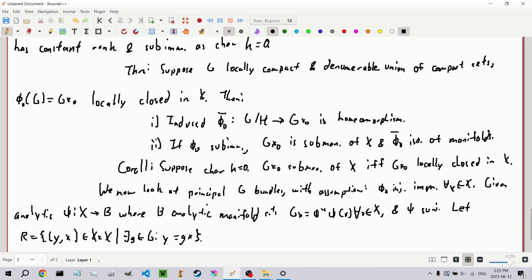So essentially, there's an element of G sending y to x by action. Then R is of course an equivalence relation by properties of group. And our psi induces a bijection psi from X over R to B, which is going to be continuous.